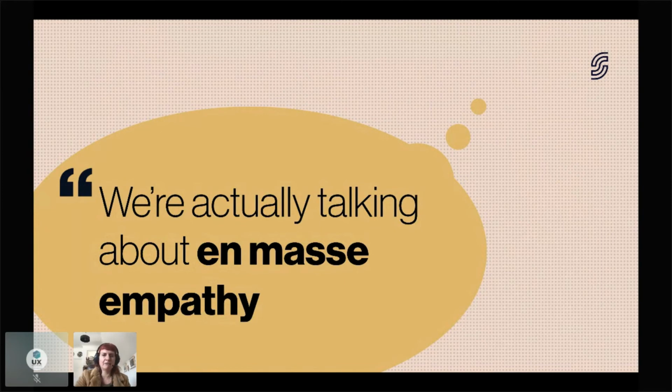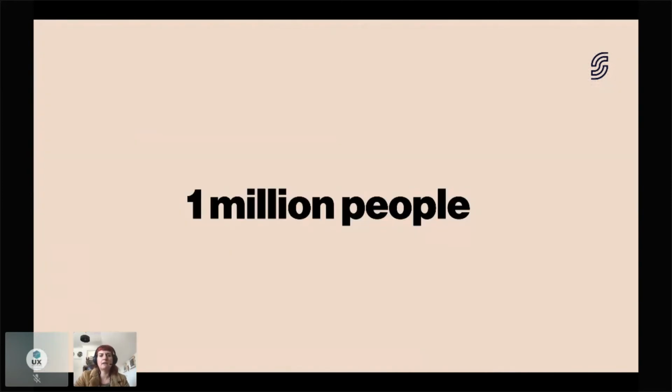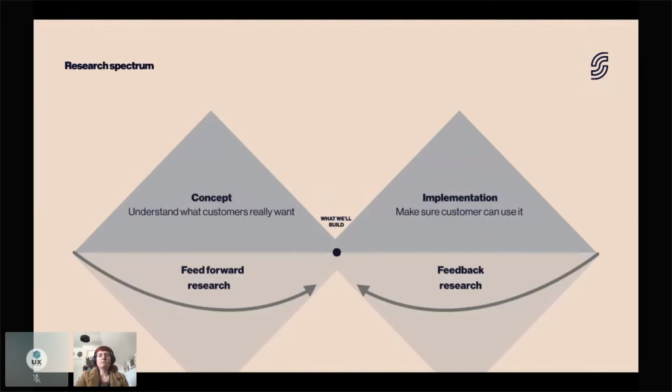I have to have empathy with 1 million people that use the system I design in a month. Do I really feel confident that I did the right amount of research, that I am representing all the people that use my system and not just 1 or 2? So empathy for me is just a big concept, and I think it's good for us to think through these different things so that we can have empathy and use it in the right way in our research.